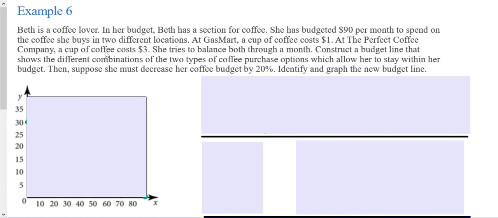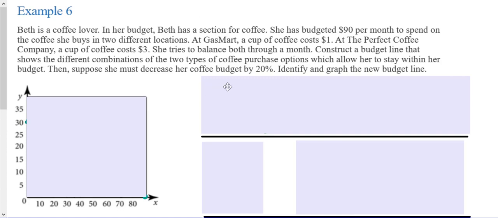So we are going to construct a budget line that shows the different combinations of the 2 types of coffee that she purchases, with options that allow her to stay within budget. And then after we figure this out, we want to see what happens if she has to decrease her coffee budget by 20%.